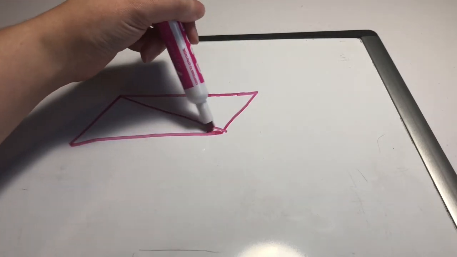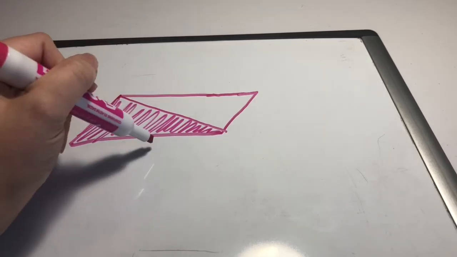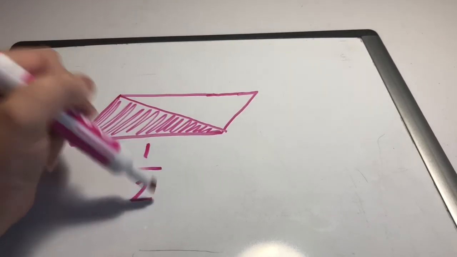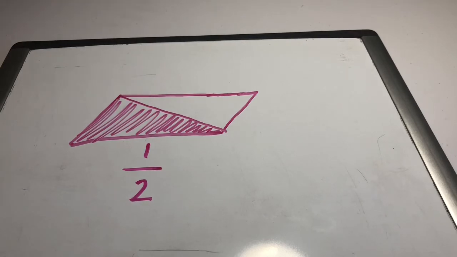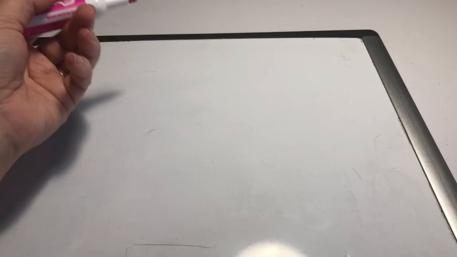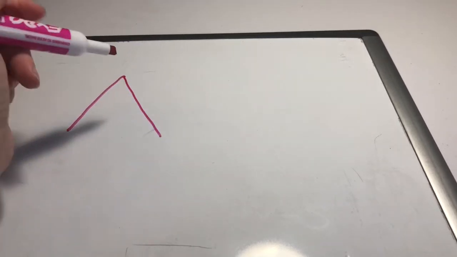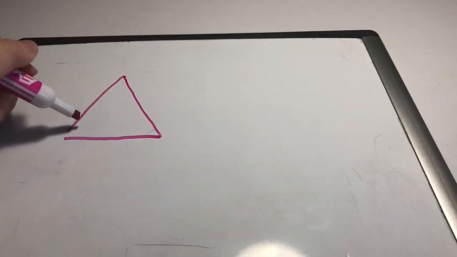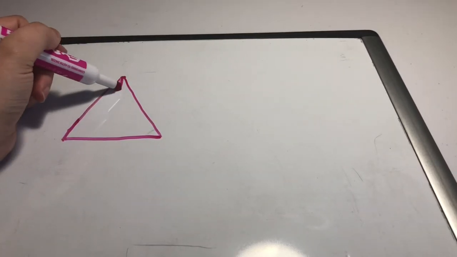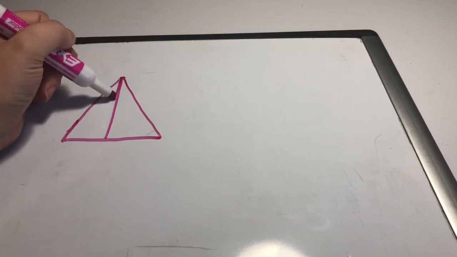And I could color one of them, and that would be 1/2. Let's see, I could also do it with a triangle. I could color in 1/2.